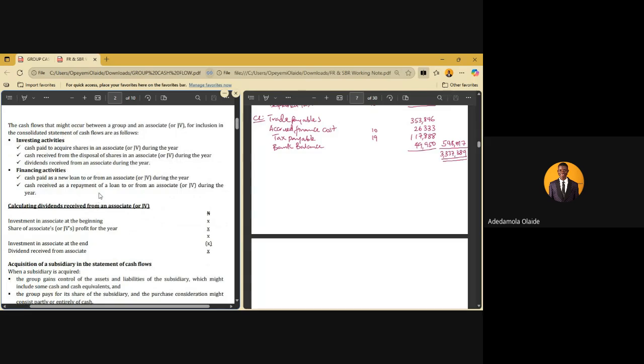Same way we calculate dividend paid to NCI, we also calculate dividend received from associates.